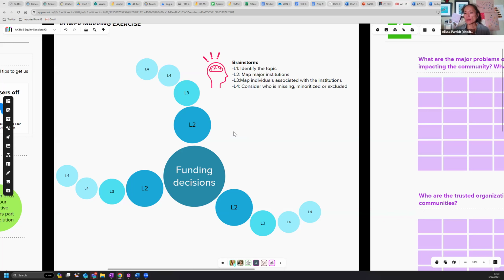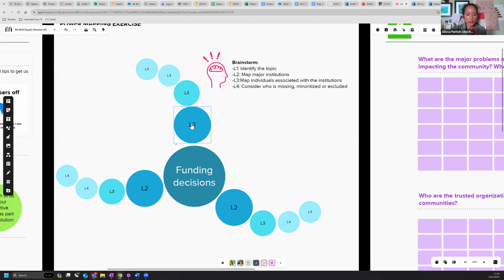So the first thing that we want to do, based on this funding decision condition, is map the major institutions that impact the funding decisions. And there's probably more than one. So there's a couple opportunities here. And this is our L2.